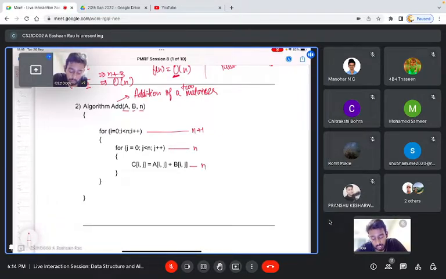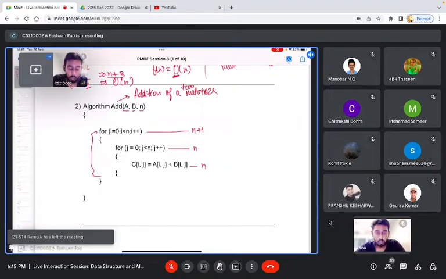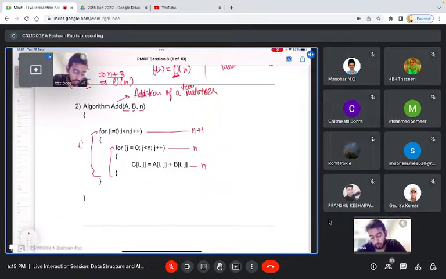We targeted the ith for loop, but we have to check the jth for loop as well. This loop also runs for n plus 1 time. Why? It will start from 0 and check whether n is less than n or not. Since it is false, it will get out of that loop. So if it is running for n plus 1 time, the statement will run for n times.